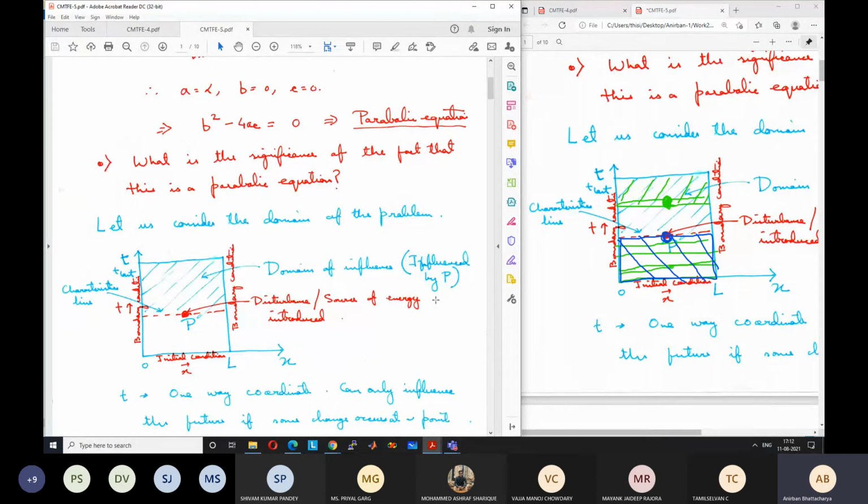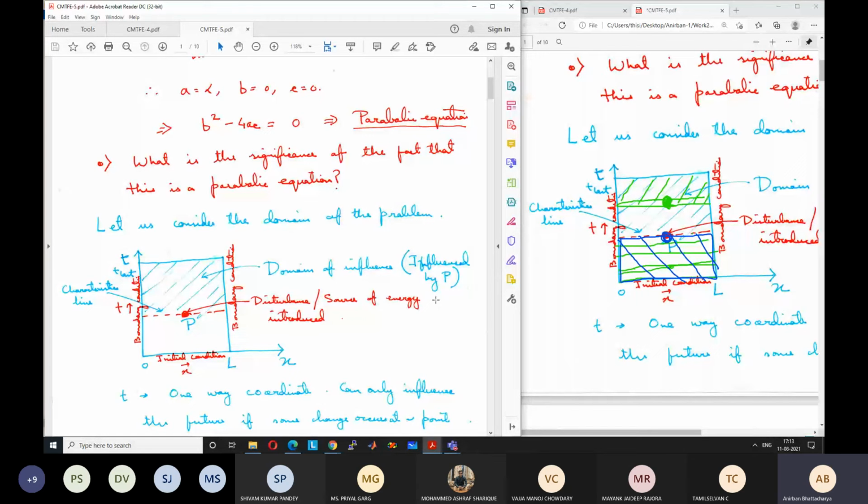Now coming to your question, if it is a time dependent problem, if there is variation with time, you cannot say that the future can influence anything in the past. There can be no problem where some change in the future is going to change something in the past. So if it is a time dependent problem, there always has to be a demarcation between future and past at the current time.